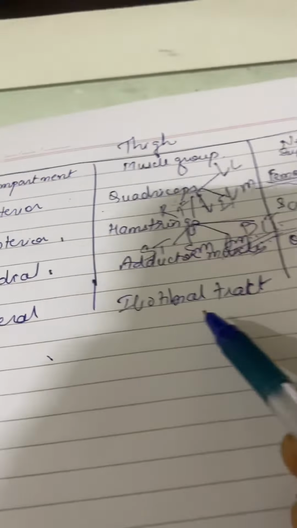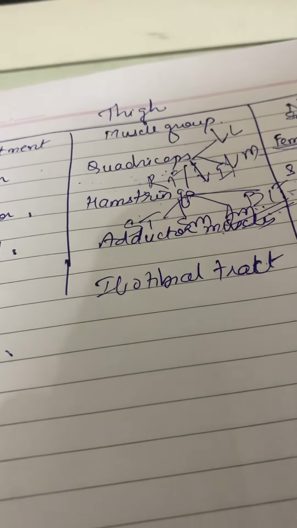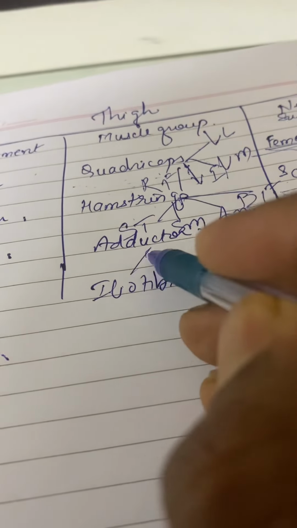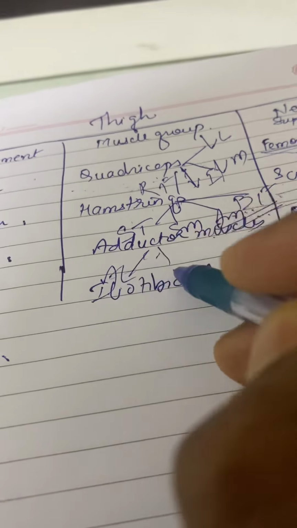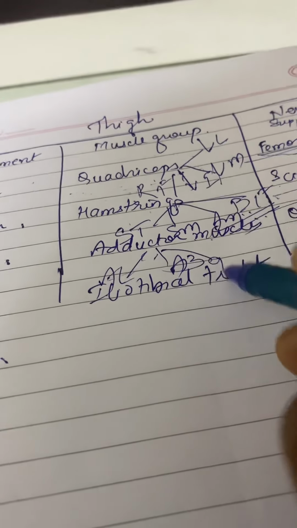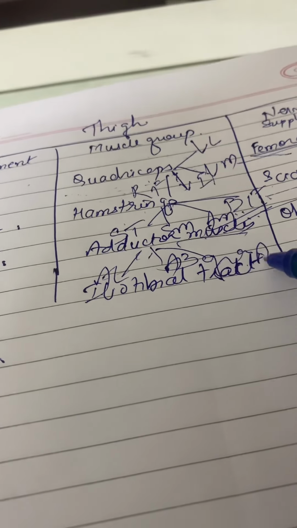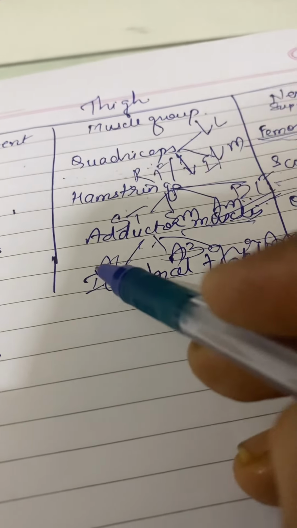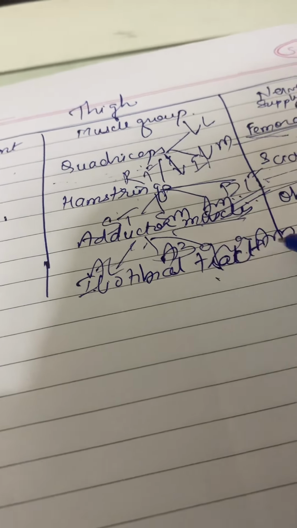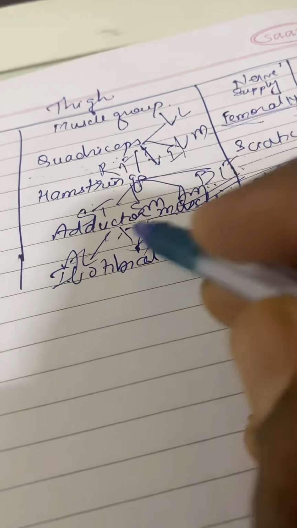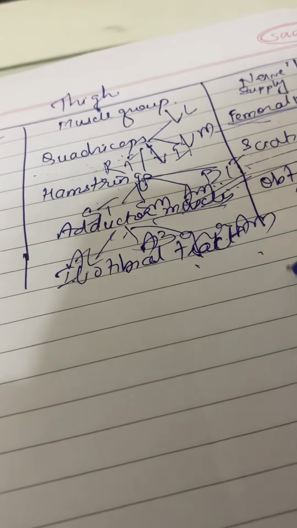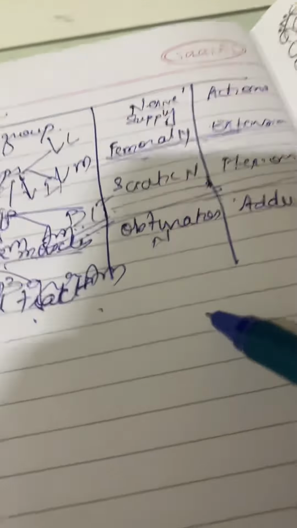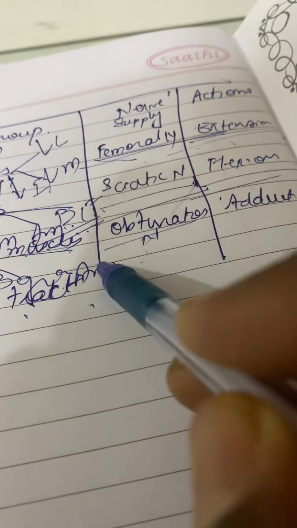The medial compartment is also called the adductor compartment, where the adductor muscles are present. Here you have adductor longus, adductor brevis, gracilis, and adductor magnus. The nerve supply of the medial compartment of the thigh is the obturator nerve.